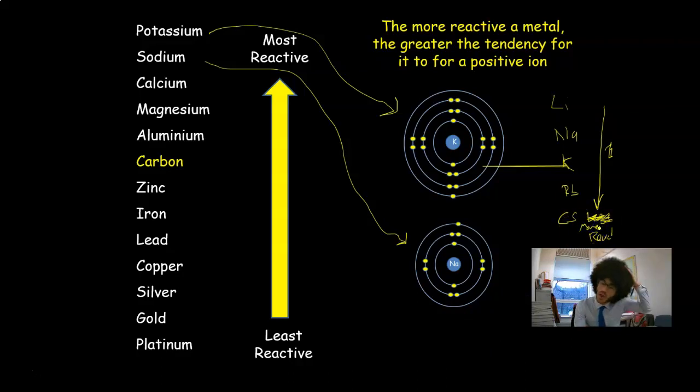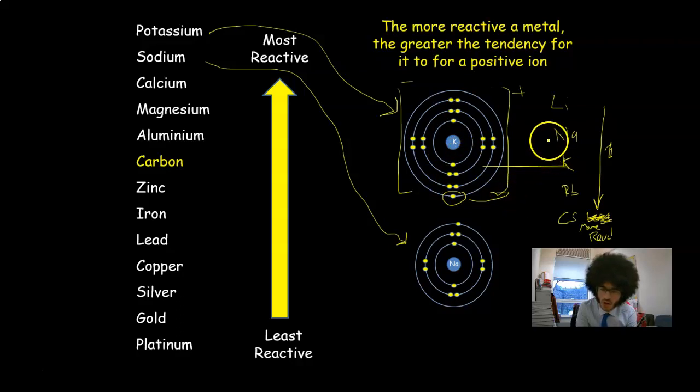Now, the reason why it's becoming more reactive as you go down is because it's more likely to form a positive ion. If you look at potassium over here, potassium is lower down group 1. It's a bigger atom, therefore it's much more willing to get rid of this electron in order to form a positive ion, because there's greater shielding, there's a greater distance between the nucleus and the outer shell electron, which means the attraction's a lot weaker and so forth.